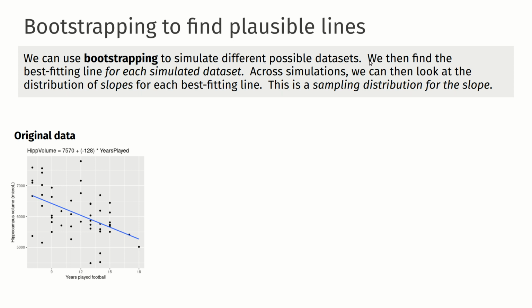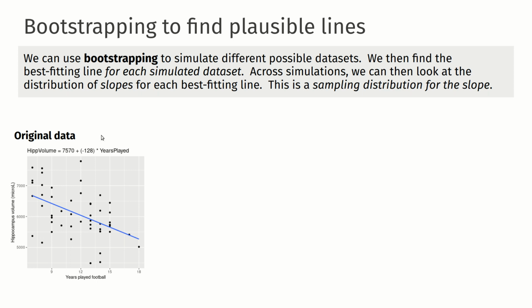So we're going to use bootstrapping to simulate a whole bunch of imaginary data sets we could have gotten, assuming that our sample is representative of the population. And then for each of those simulated imaginary data sets, we find the best fitting line for that imaginary data. And then across simulations, we can look at the distribution of slopes for each of those best fitting lines. This gives us a sampling distribution for the slope.